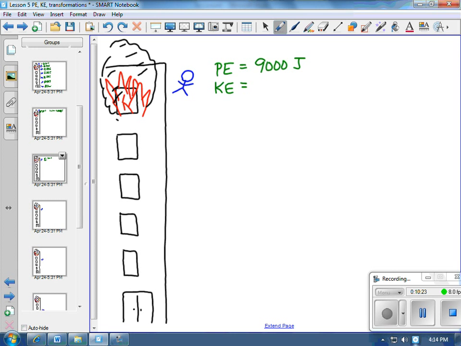And remember, she started out with a total of 10,000 joules of energy. So energy can't be created or destroyed. So at any point in her fall from this building, she will always have a total of 10,000 joules of energy in some form or another. So that leaves us with 1,000 joules of kinetic energy.